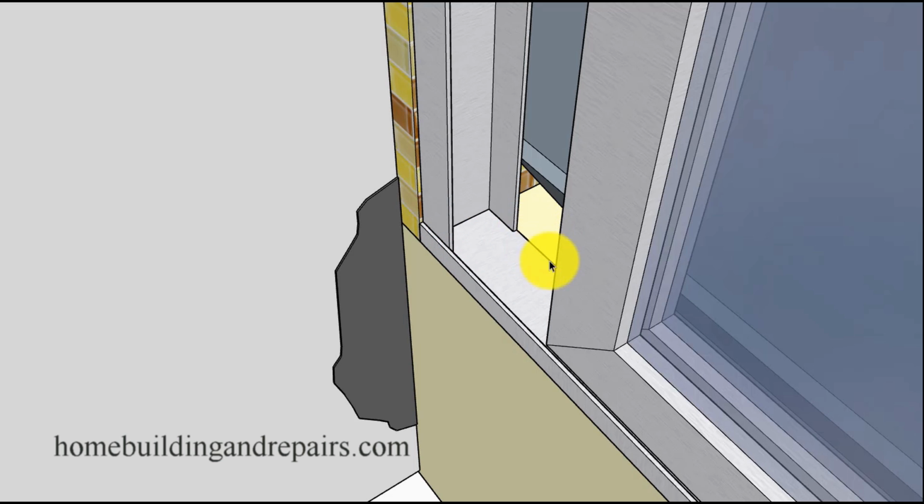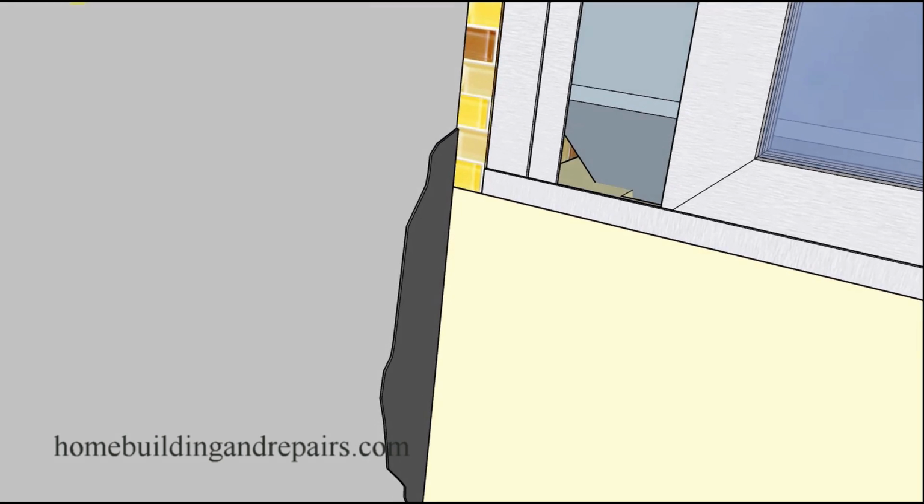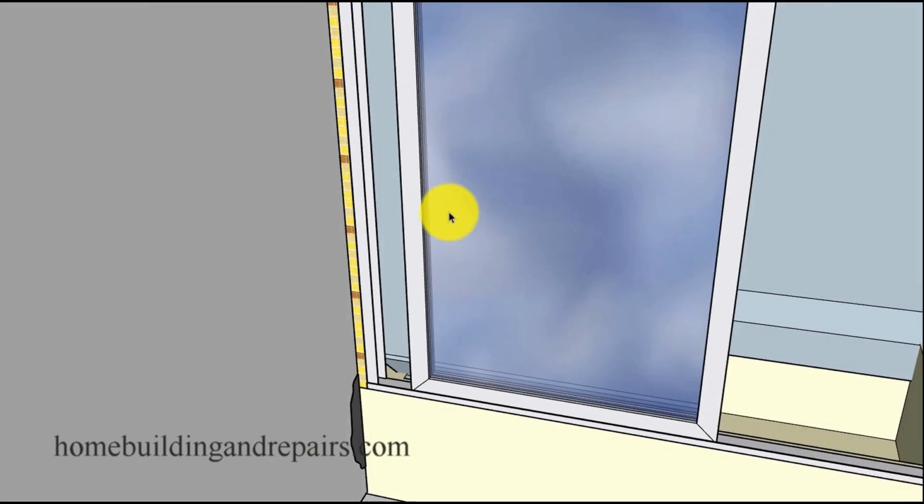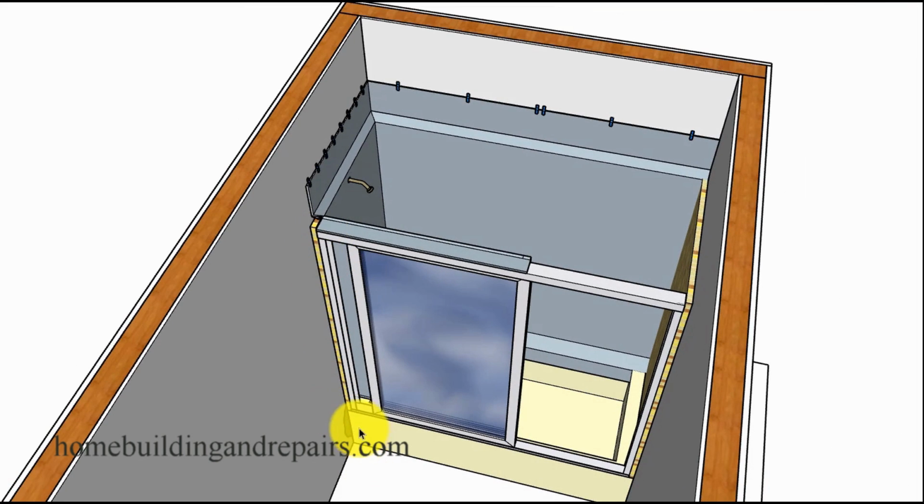And I even caulked this area, or should I say put some sealant in the area here to prevent water from coming out. So that would be the first thing I would check, is just do a visual inspection of the frame and make sure that it is sealed. And it's also not uncommon to have the doors where there's a gap at the bottom, or a gap somewhere to where the door needs to be realigned.